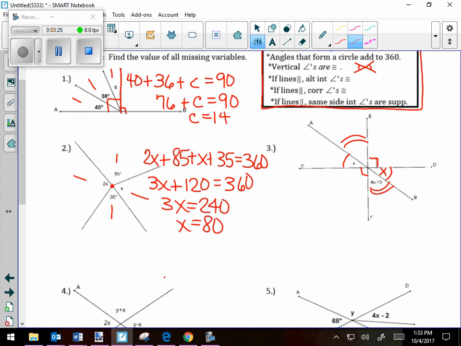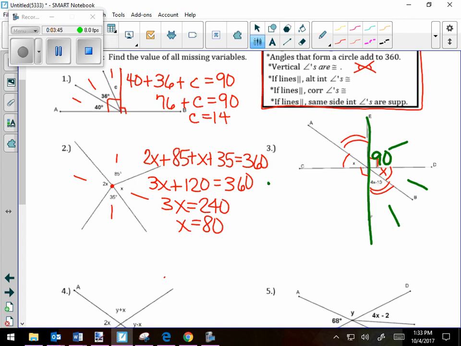Now, if I take this information and I look at these 3 angles, and you can pick to look at any 3 angles you want, those 3 angles happen to sit on that straight line. There's other straight lines that the angles sit on as well. But when I look at it this way, I know I have 90 degrees here from the right angle.